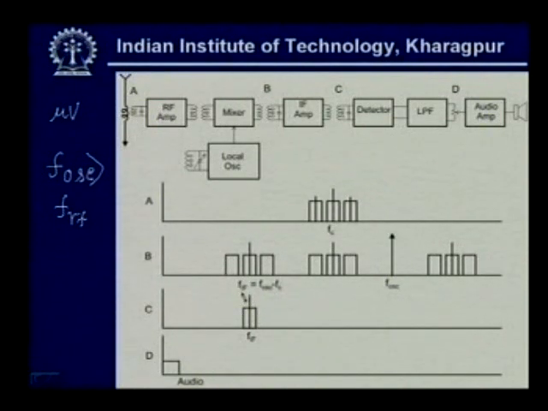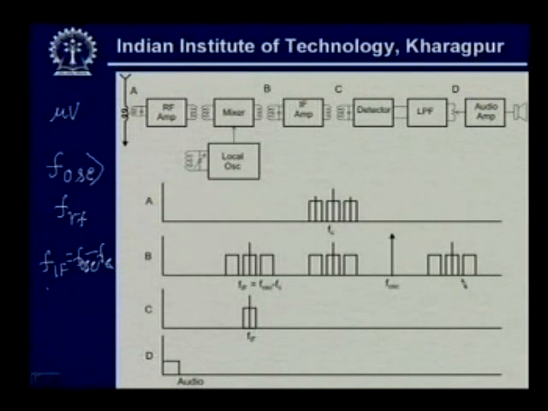You will get intermediate frequencies equal to FOSC minus FC and FOSC plus FC. That means you get frequency FIF equal to FOSC minus FC and also FOSC plus FC. These two will be there.